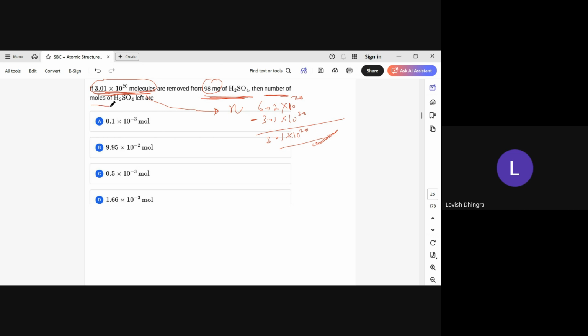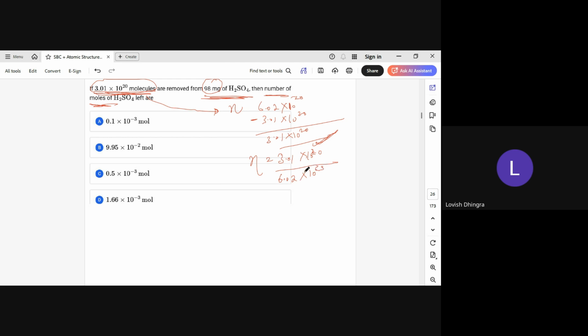Now, this much is the molecules that are left. They're asking us the number of moles. So the formula is number of moles equals the number of molecules divided by Avogadro's number. So what value of Avogadro's number will I take here? Anyone? 6.02 into 10 to the power 23. Yes, because the numerator is 3.01, so it will be better if we take 6.02.